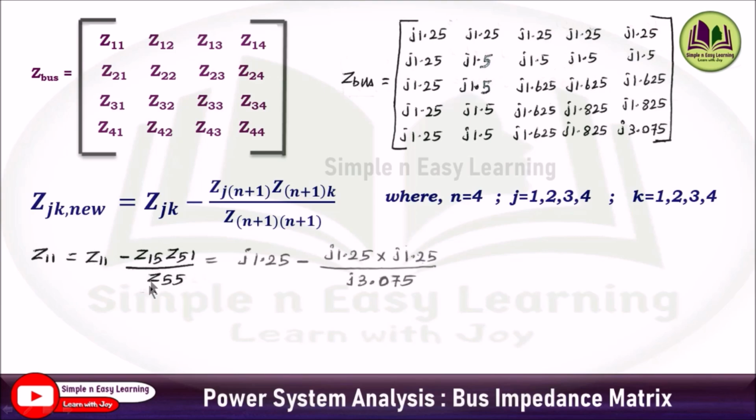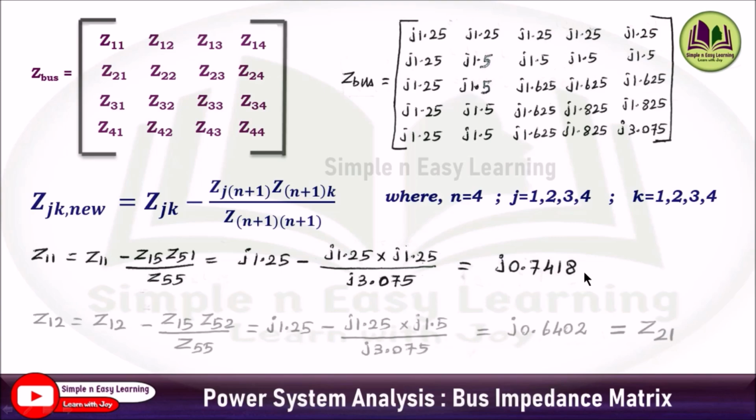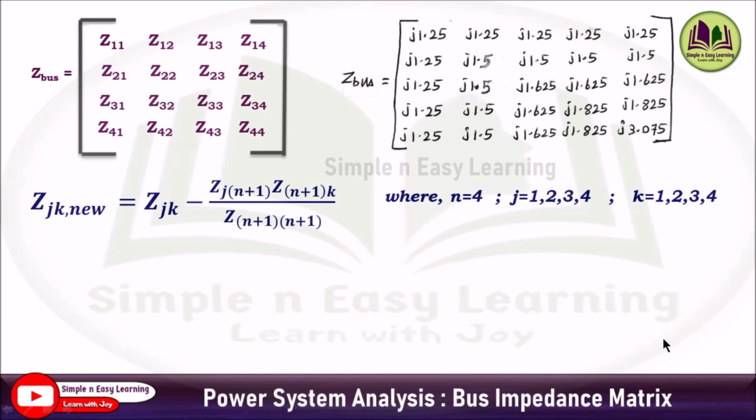So substituting all the values from the matrix we obtained, you will be getting J0.7418 as the answer. Similarly, for the next parameter Z12, that is equal to Z12 minus Z15, Z52 divided by Z55. Substituting the values, you will be getting J0.6402, and this value will be equal to Z21.